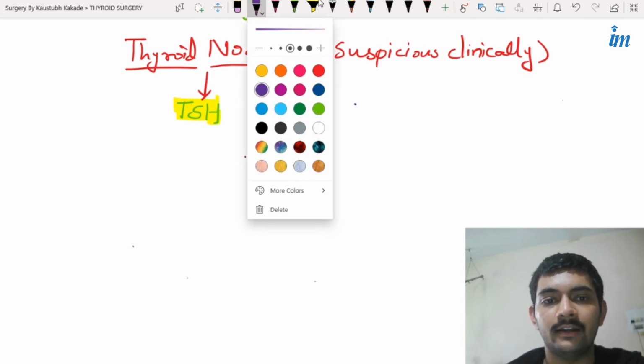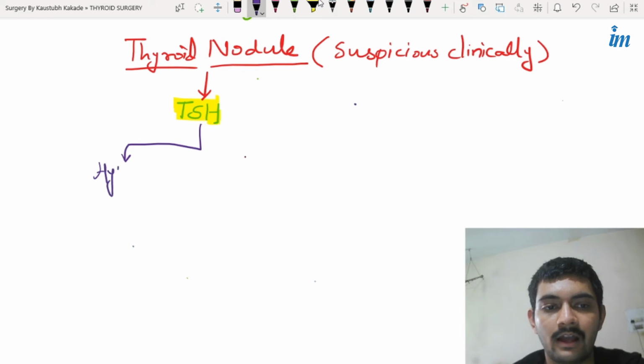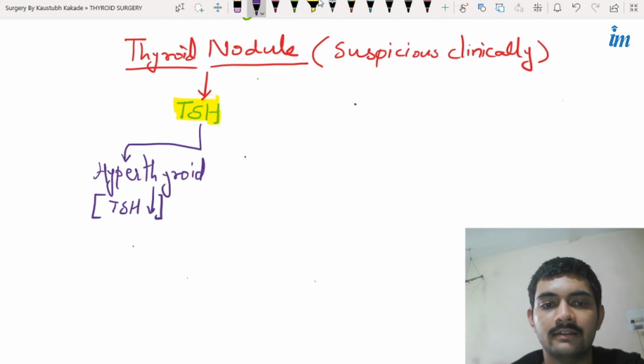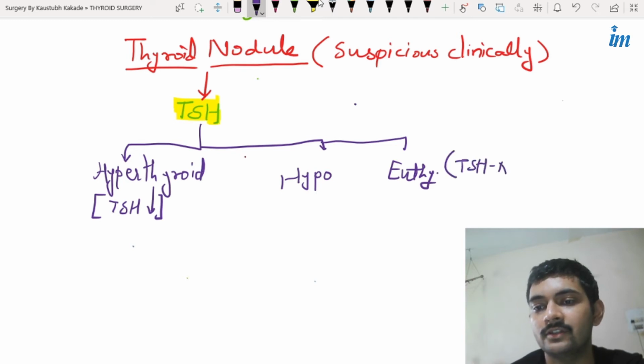The one possibility is that the patient is hyperthyroid, that is, the TSH levels are going to be low. The second possibility is that the patient is hypothyroid, and the third possibility is that the patient is euthyroid. Euthyroid means TSH is normal, and hypothyroid means TSH is high.